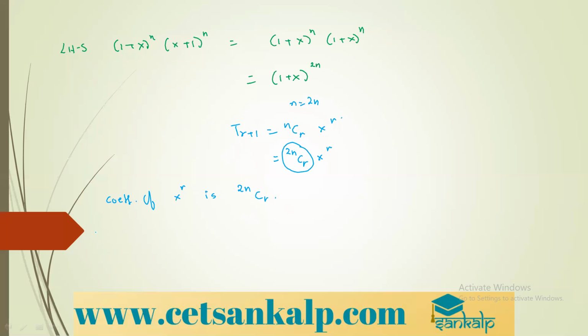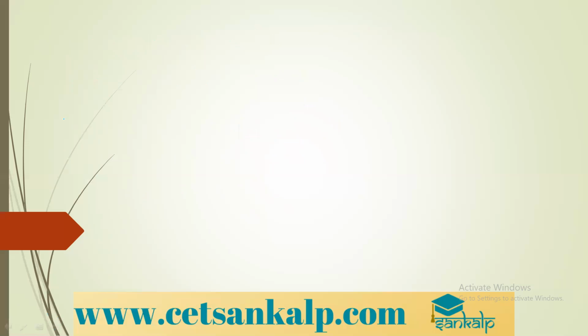On the right side, what do I have? On the right hand side, I will be multiplying C0, C1x, C2x square, like that up to Cn x power n, and again C0, C1x, C2x square, somewhere in the middle Cr x power r, up to Cn x power n.